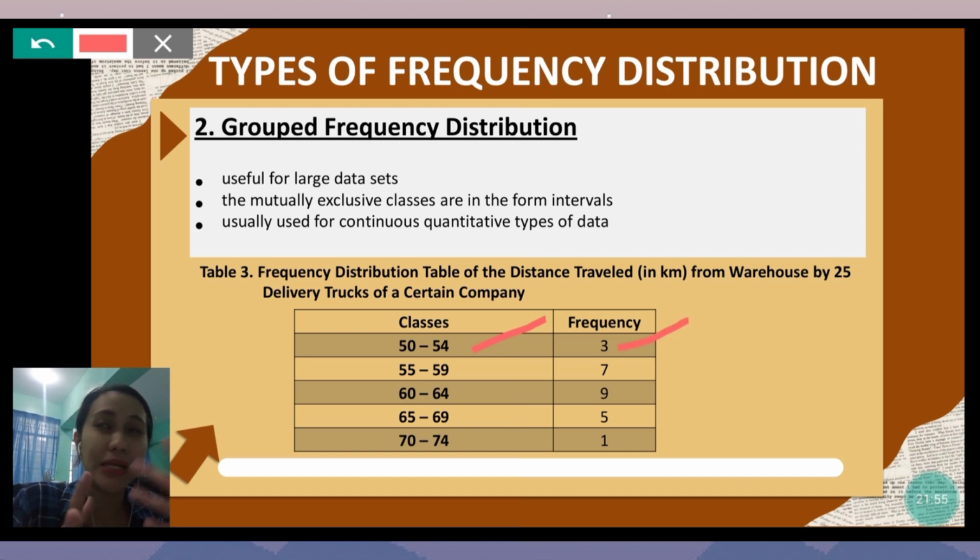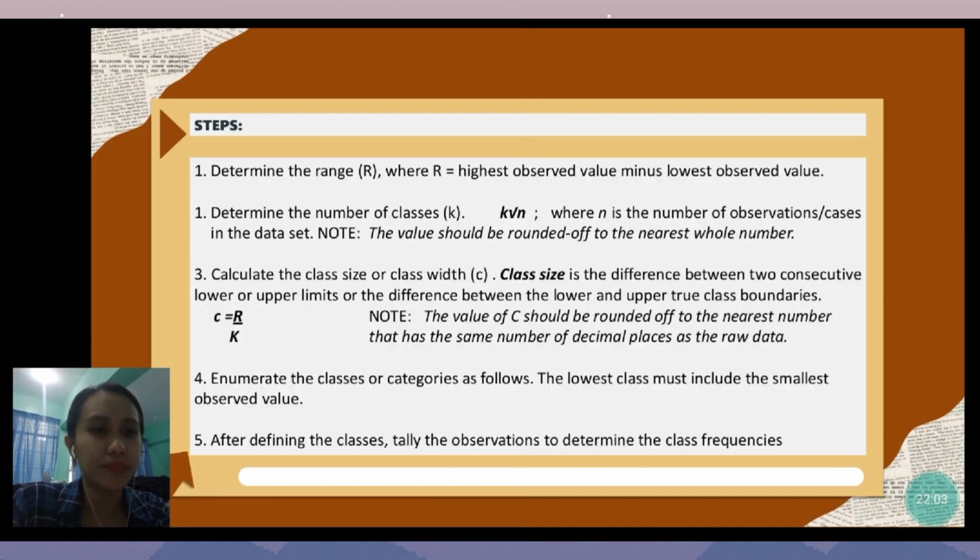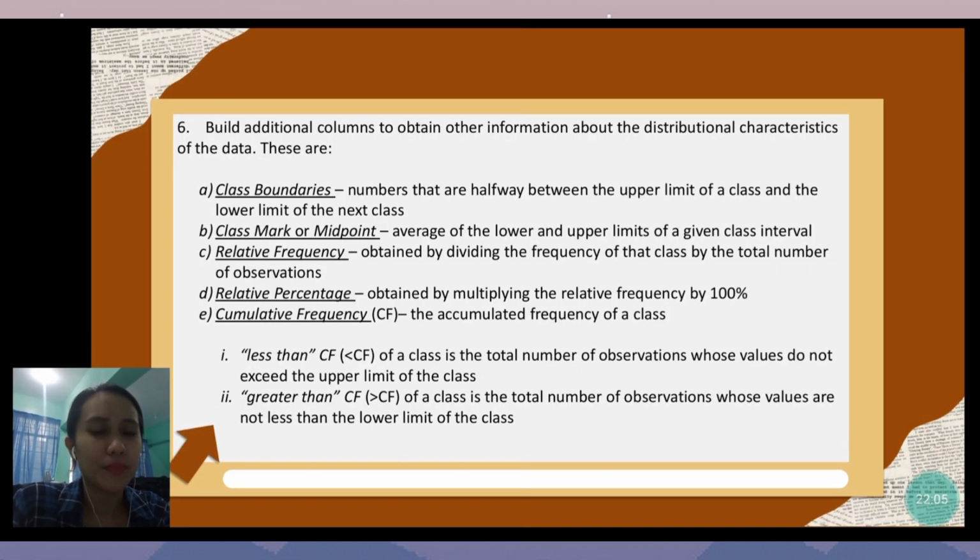That is how many times that certain value occurs. These are additional columns. Again, I will create another video to better explain how you can create a frequency distribution table.